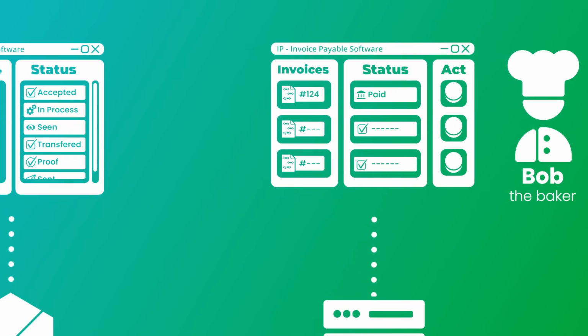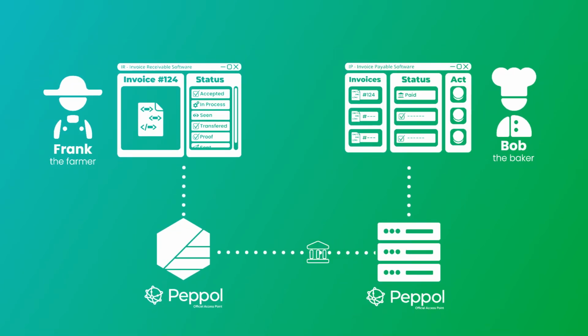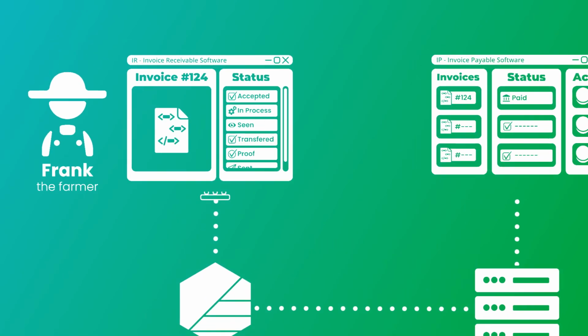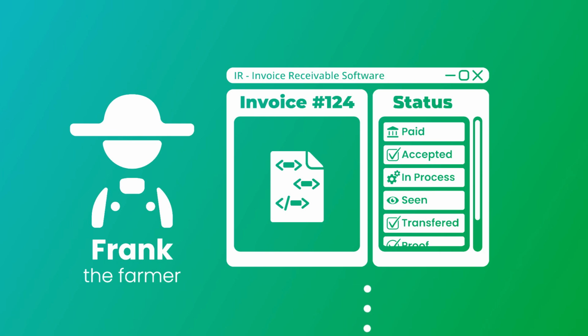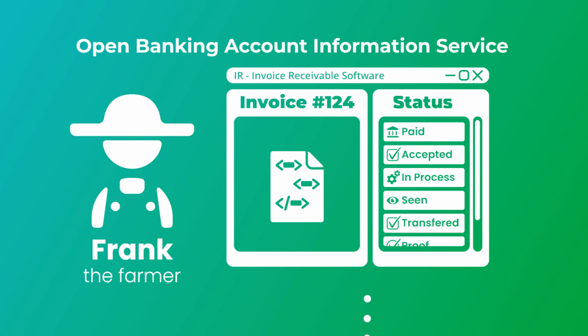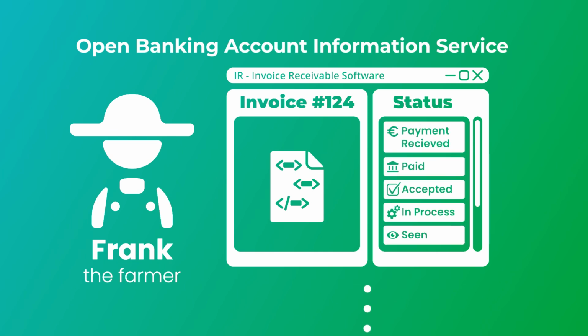The invoice response, notifying that the invoice has been paid, is sent through the Peppol network to Frank. He knows that Bob paid it, but it might take some time before he sees the funds on his bank account. Through an open banking integration, also provided by Digiteal, Frank's IR software can receive his latest bank movements in real time. This allows him to see that he has received Bob's payment.